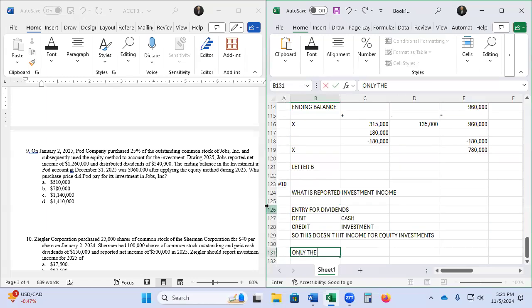Only the portion of net income attributed... I'm looking for the name of the company.